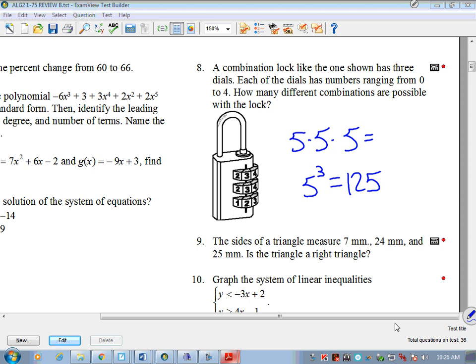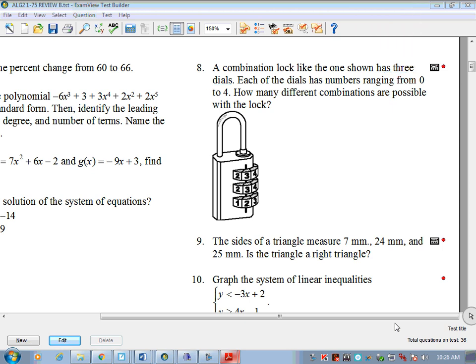I should have 1,000 combinations, right? Yes. 5 times 5 times 5 equals 5 cubed because there's 3 dials, right? 1, 2, 3. And it says 3 dials. Okay? So there's 5 on this one, 5 on this one, 5 on that one. Okay?